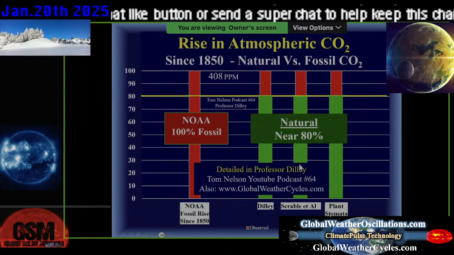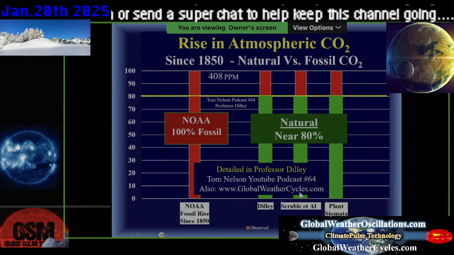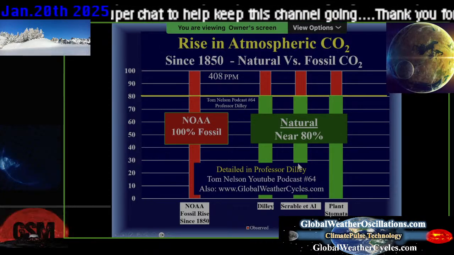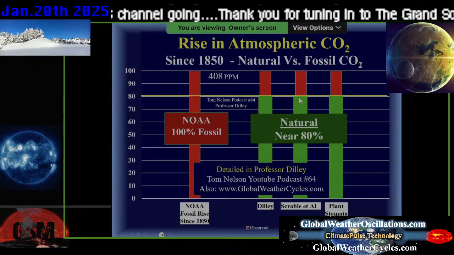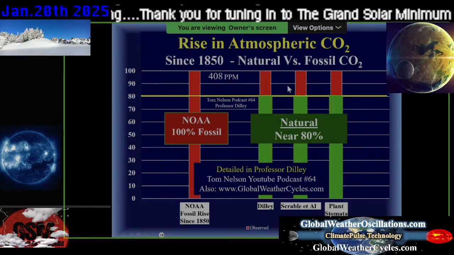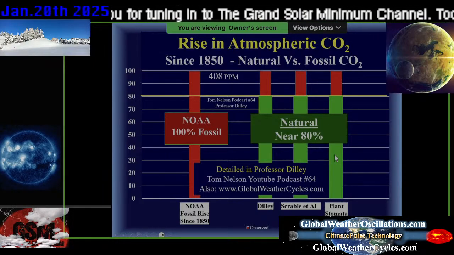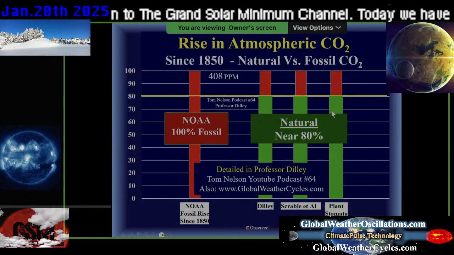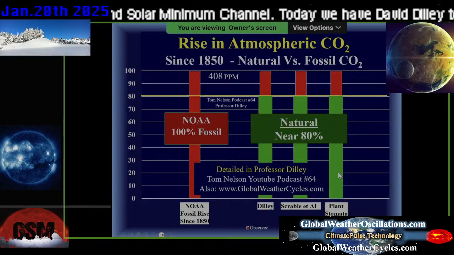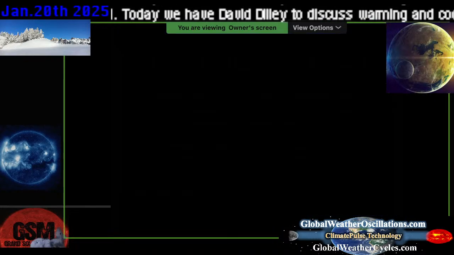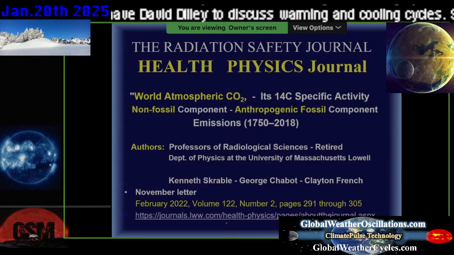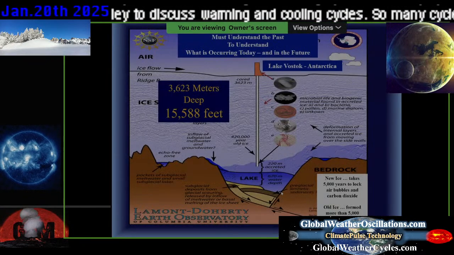Scrabble et al., the physics paper that I showed you the link to, says 80% natural. The plant stomata cell study that I showed you says 80% natural. So is it an 80% natural rise, or is it like what NOAA says, 100% fossil fuel? And again, this is the source data.